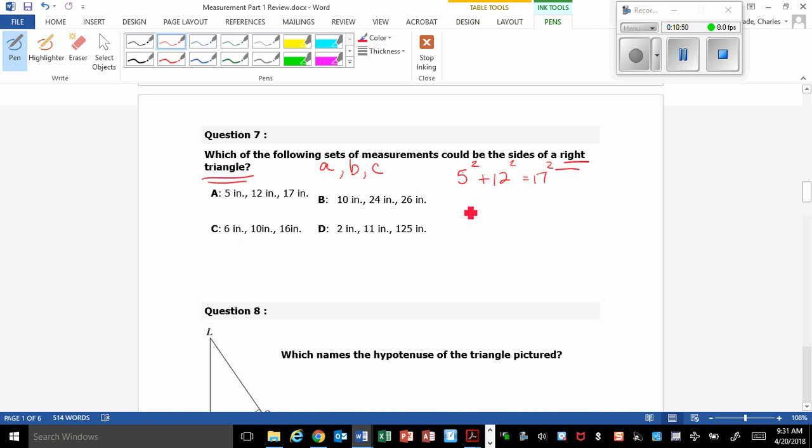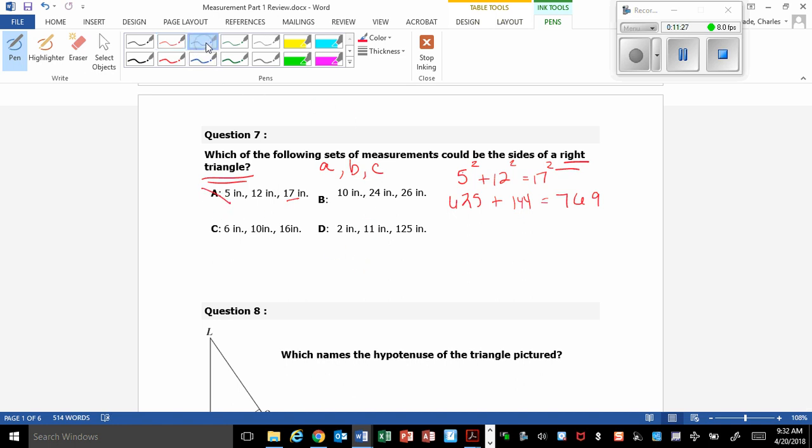On a calculator, 25 squared is 625, plus 144 equals 769. Or you can just say 17 squared equals 289, and that's not it. So we know that can't be it.